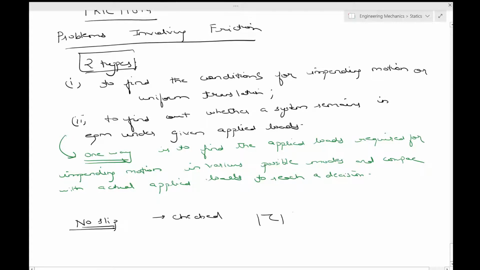So normally this is of this situation, or F. So this is how easily one can check for impending motion.